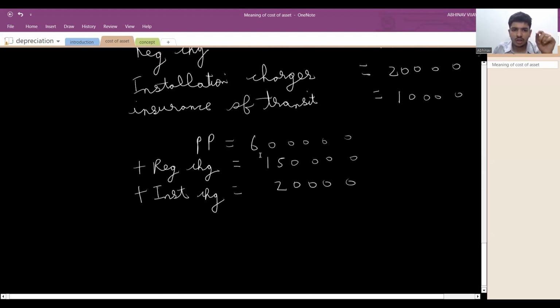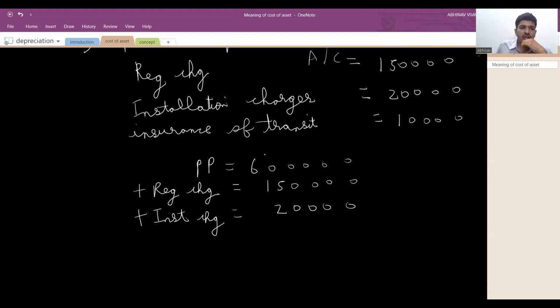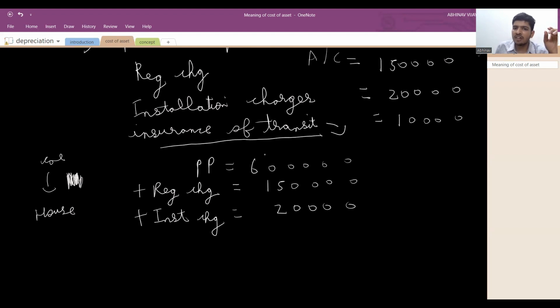Now, next part. What is insurance of transit? When I bring my car to my house, during this travel, if some damage to the car happens, it is possible. In order to claim the loss amount for the damage, or to prevent the risk of such damage, insurance of transit is paid. Transit means travel.